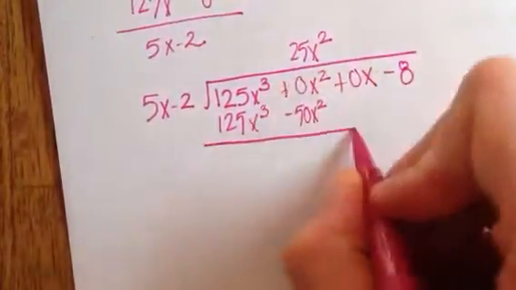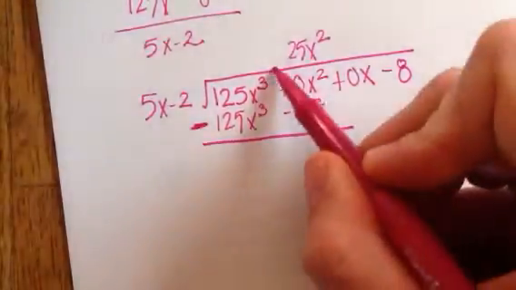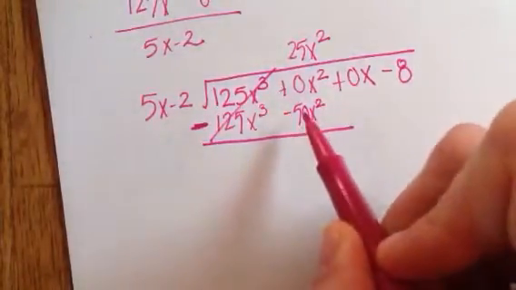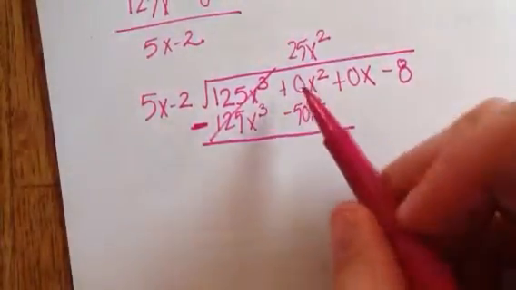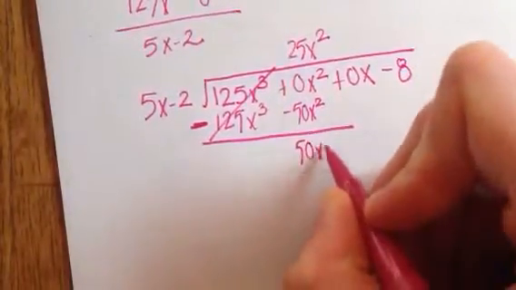So this one, as you can see, we don't jump terms like we did in the one previous. We subtract down, 125x cubes go away. 0 minus a negative 50, so two negatives make a positive. So 0 plus 50x squared would be 50x squared.